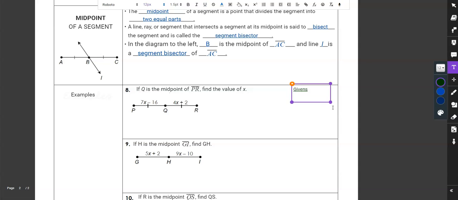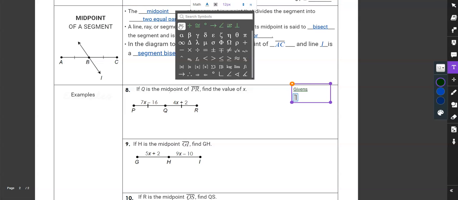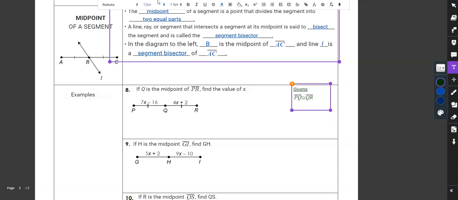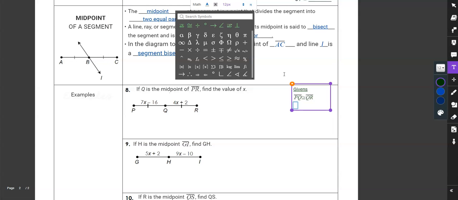We are given that Q is the midpoint of segment PR, which means that segment PQ is congruent to segment QR, which indicates that the length of PQ is equal to the length of QR.